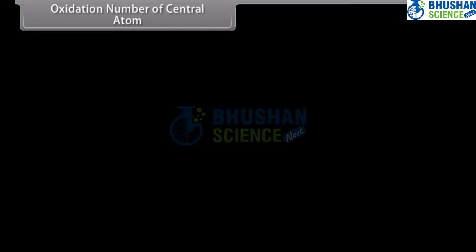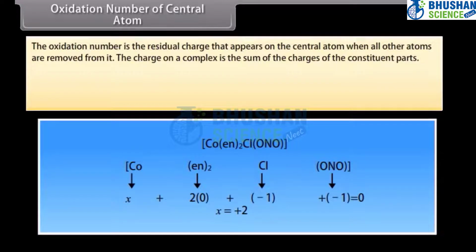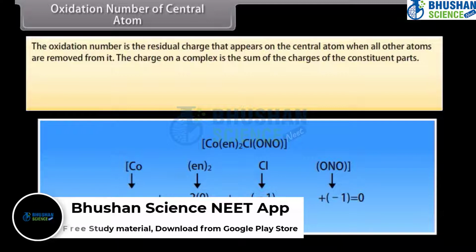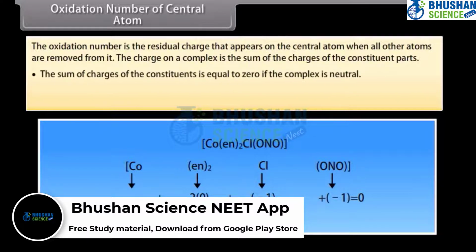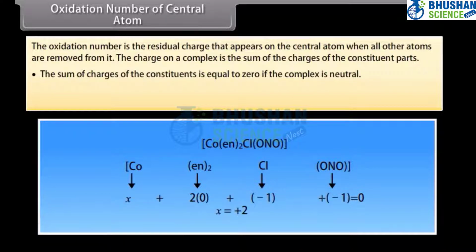Oxidation number of the central atom. The oxidation number is the residual charge that appears on the central atom when all other atoms are removed from it. The charge on a complex is the sum of the charges of the constituent parts. The sum of charges of the constituents is equal to 0 if the complex is neutral.